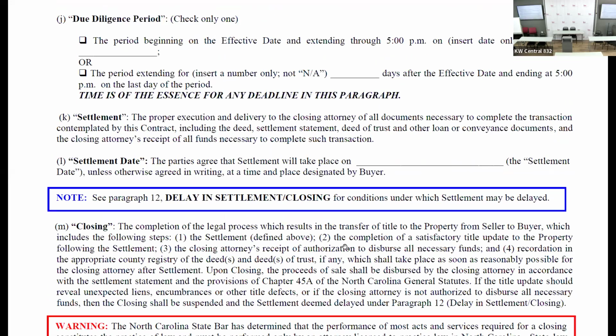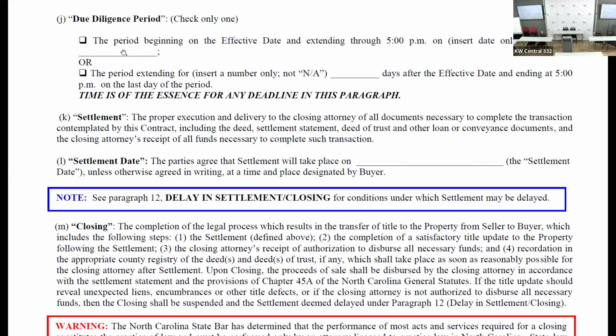So we've got our due diligence period. You have two options here. It can be a date that you put in, the period beginning on the effective date and extending through 5 p.m. of a specific date.